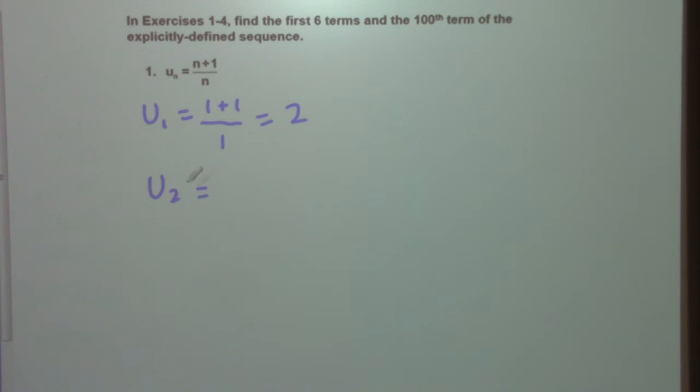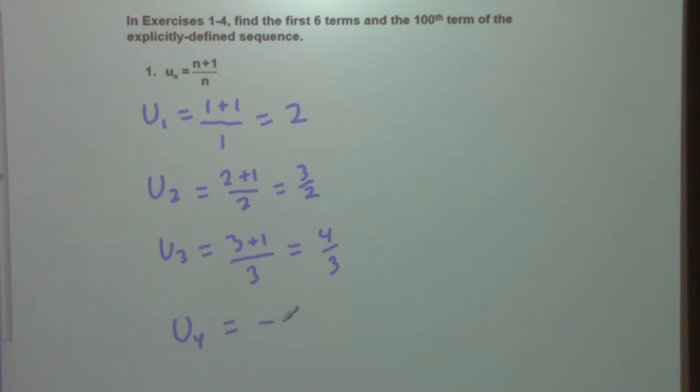So, u sub 2, what you do in the place of n, in this case, is you put in 2 plus 1 over 2, which is going to be 3 over 2. And then u sub 3 is going to be equal to 3 plus 1 over 3, which is going to be equal to 4 over 3. And you see the pattern here? Then u sub 4, to the denominator you add 1, and to the numerator you add 1.